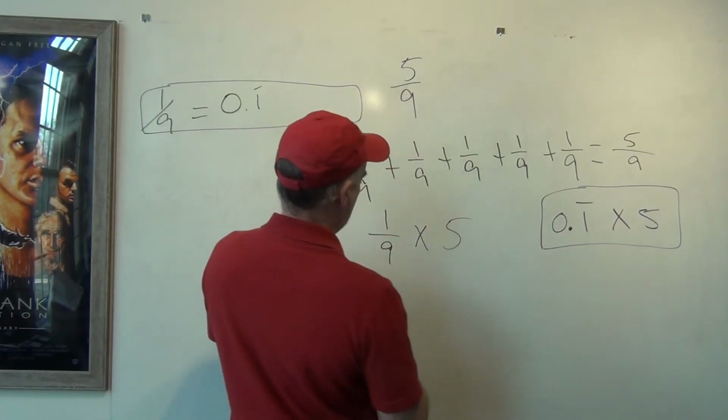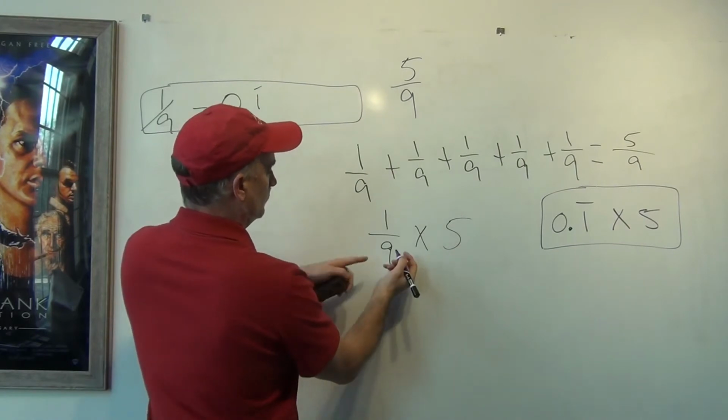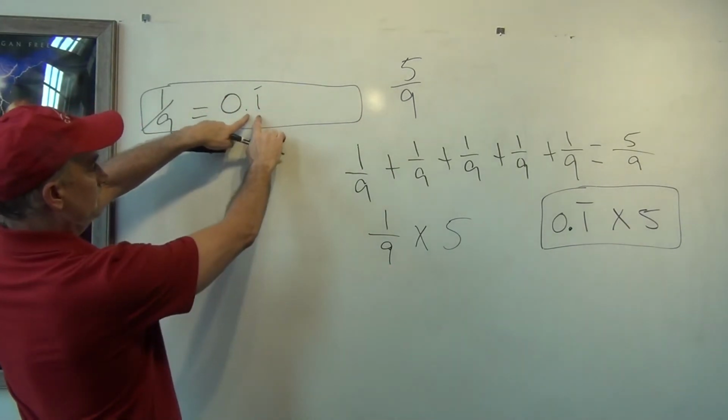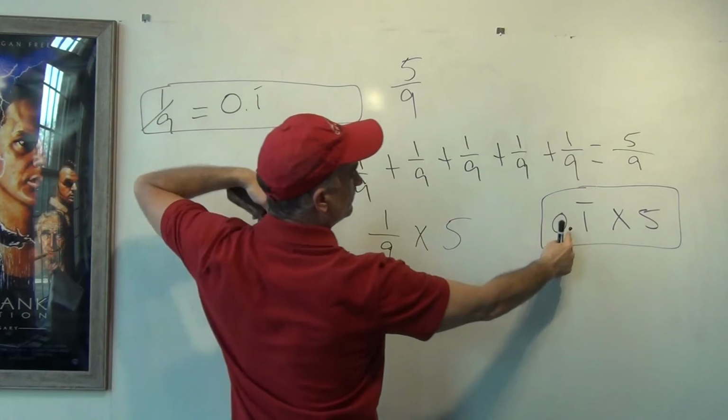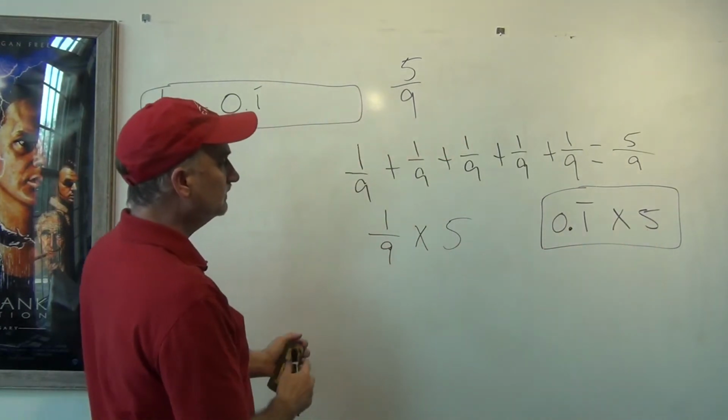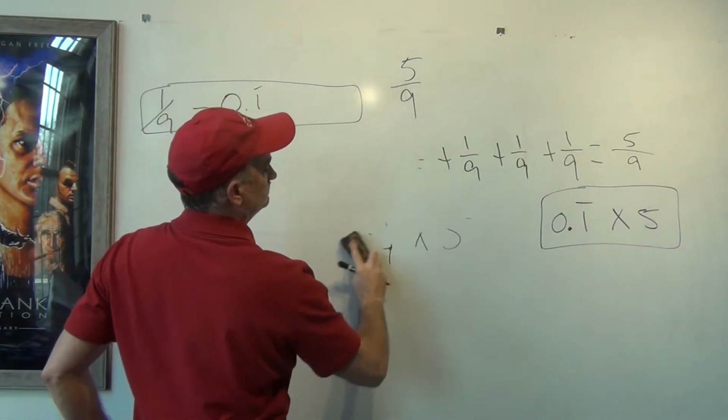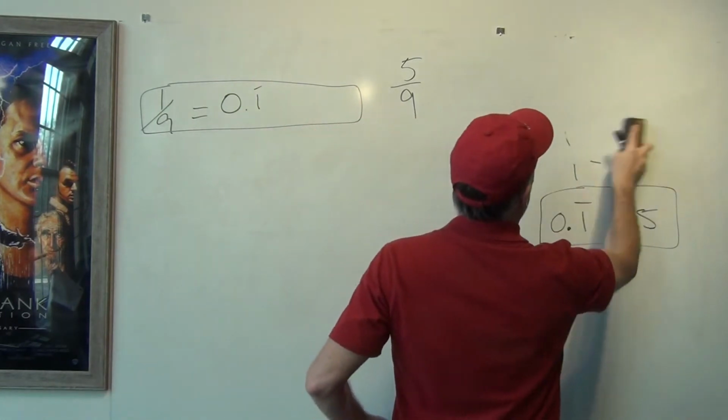Take a look at this. 1/9 times 5. 1/9 in the form of a decimal is 0.1 repeater, times 5. So let's add this multiplication problem right here.